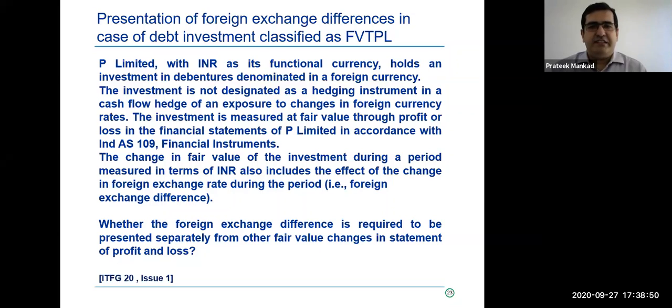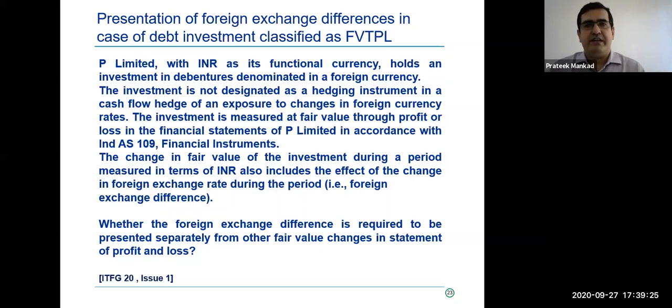Right. So the ITFG said that for an asset that is measured at fair value through profit and loss account, what you are concerned with is the change in fair value in the functional currency. So you are not required by the standards to do a walk from change in fair value from USD to USD, convert that and say that is a fair value change, and from USD to INR as the exchange rate change.